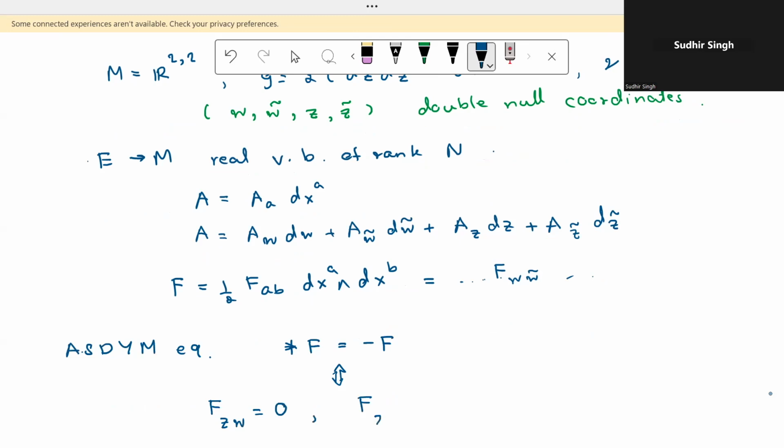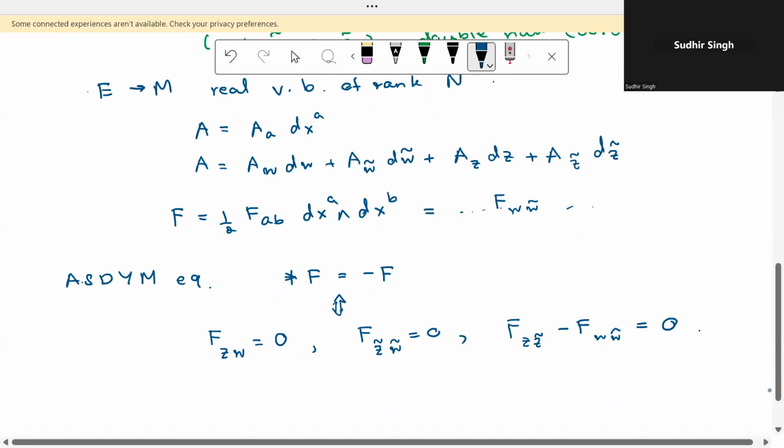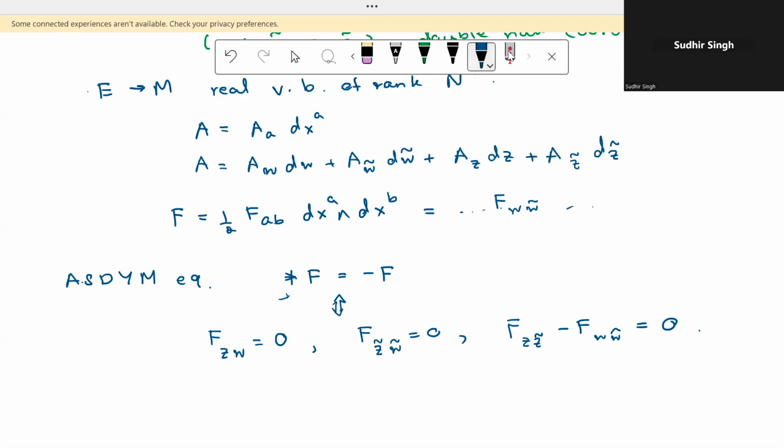And this is 0. Okay. This has to be verified, but if you compute, this is the anti-self-dual Yang-Mills equation in this case.